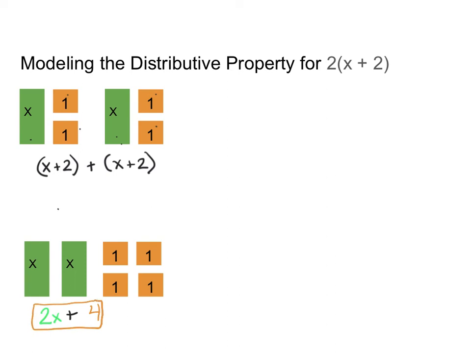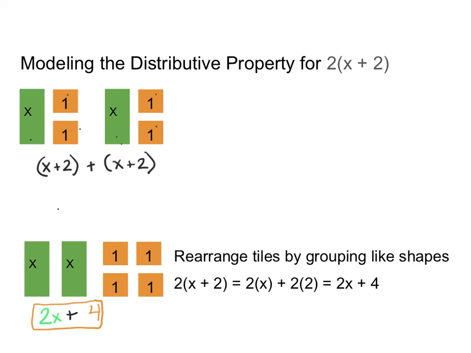So let's look over here. We rearrange the tiles by grouping like shapes together. So I grouped the x's together and the 1's together. This is how I solved it. I had 2 groups of x plus 2.